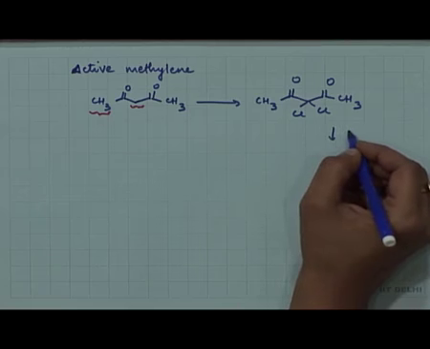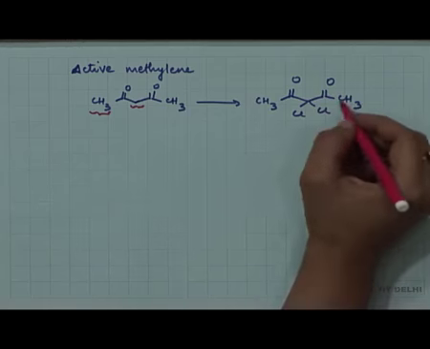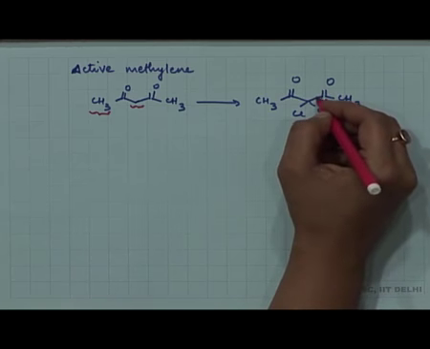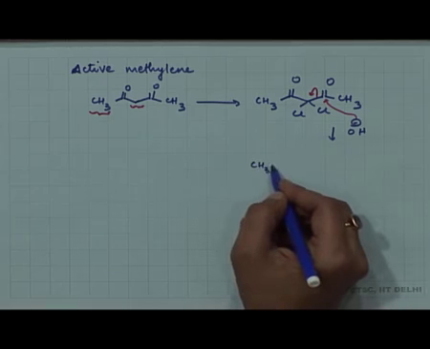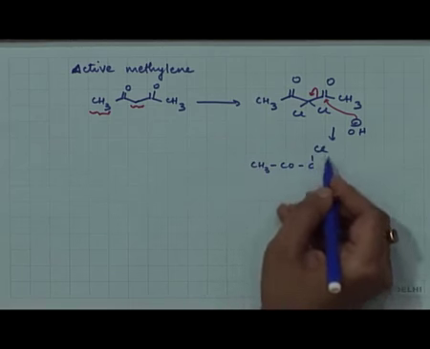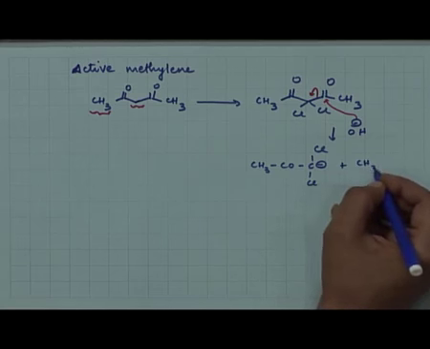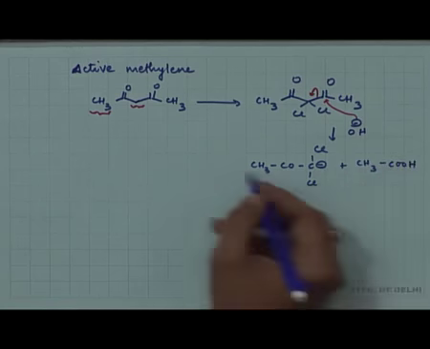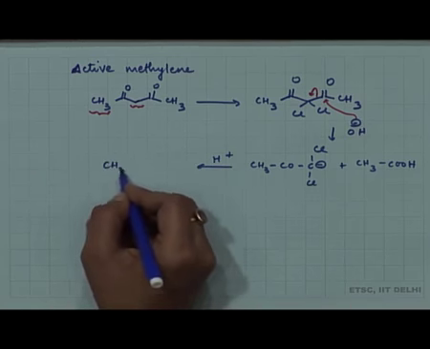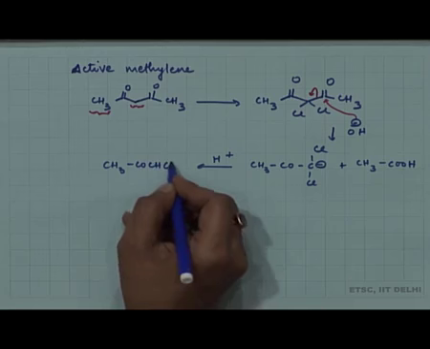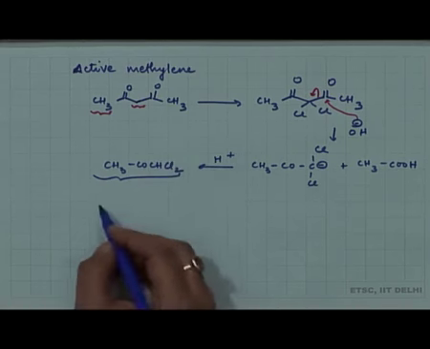This is followed by attack of the alkali, and as expected, you will get the corresponding anion along with formation of acetic acid, and it picks up this proton and gives this product. So, with active methylene containing carbonyls, this reaction will go.